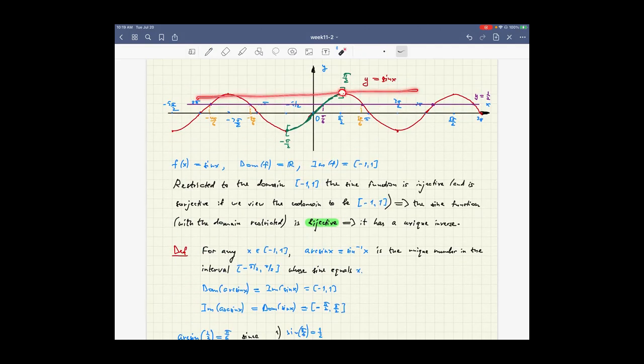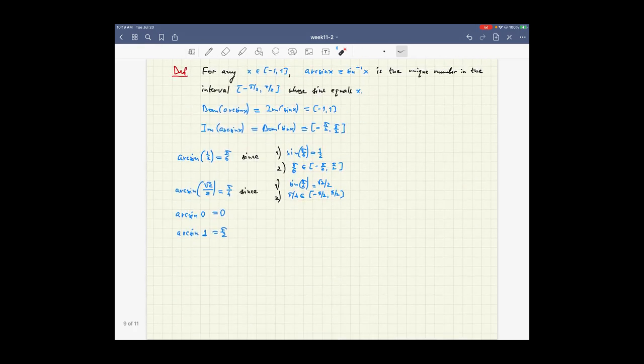The only point on the interval negative pi over 2, pi over 2, where the horizontal line y equals 1 intersects the graph of sine, is the point pi over 2. So we have here that sine of pi over 2 is indeed 1, and pi over 2 belongs to the interval negative pi over 2, pi over 2.